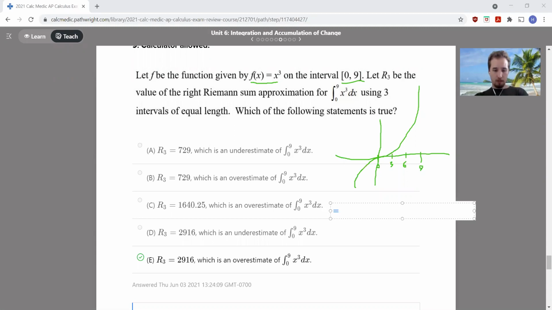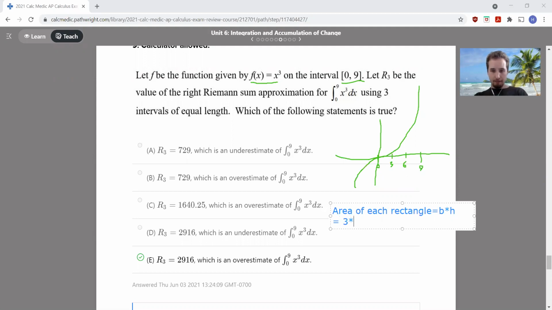The first rectangle has, remember, this is base times height. Area of each rectangle. So the first one, base is 3. The base is 3 for every single one.